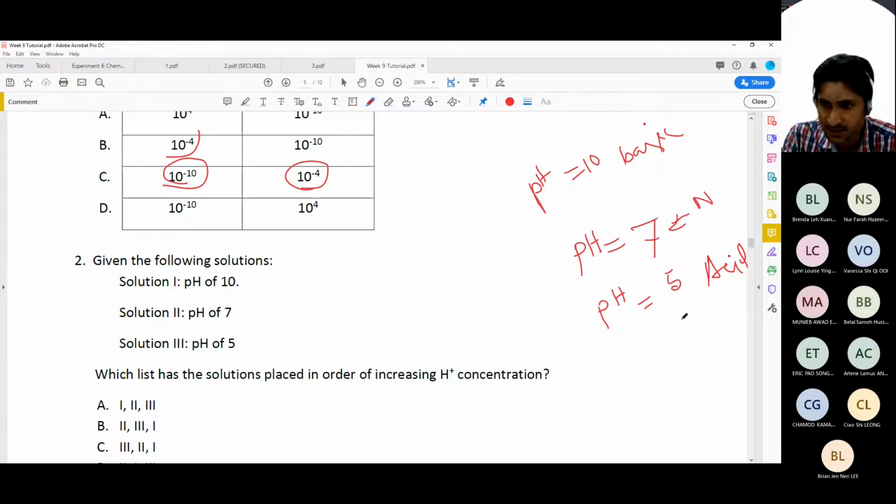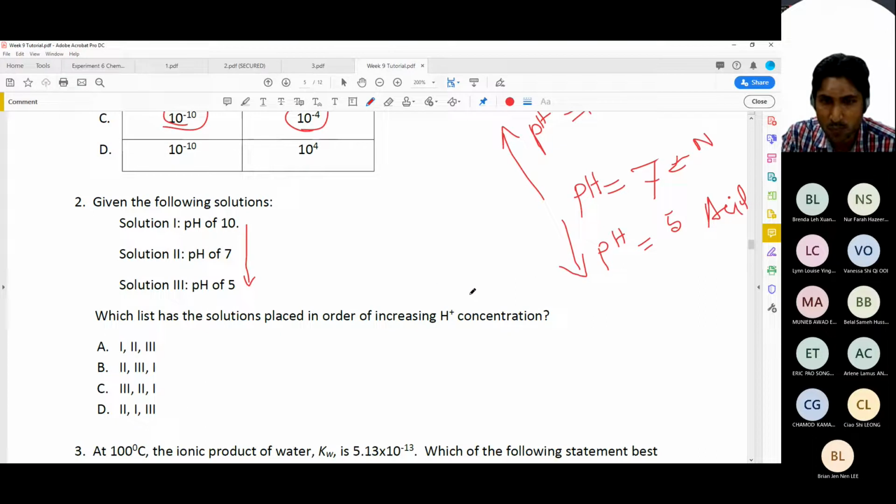Now, when you are going down the pH, the acidity is increasing. The stronger the acid, the lower the pH. The stronger the base, the higher the pH. Acidity increasing means more hydrogen ion concentration. The stronger acid is that which can donate the maximum amount of hydrogen ion.